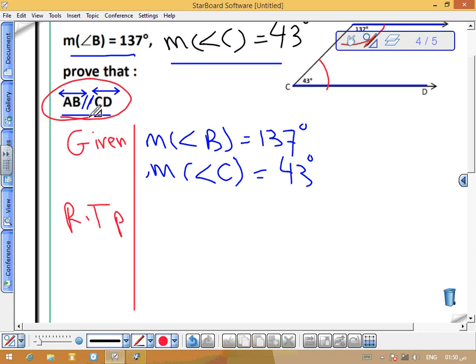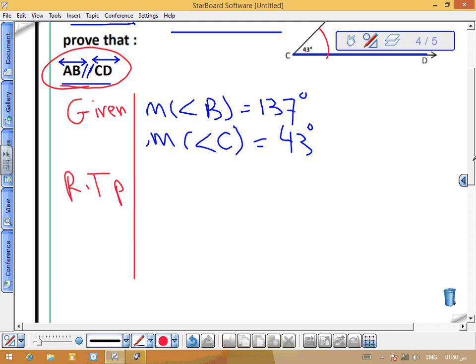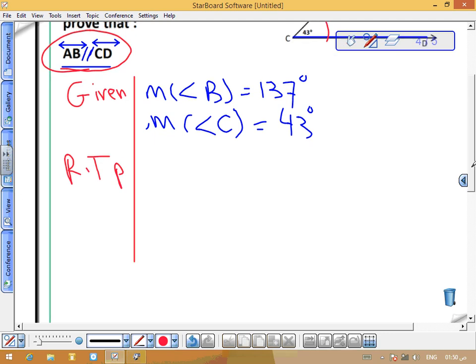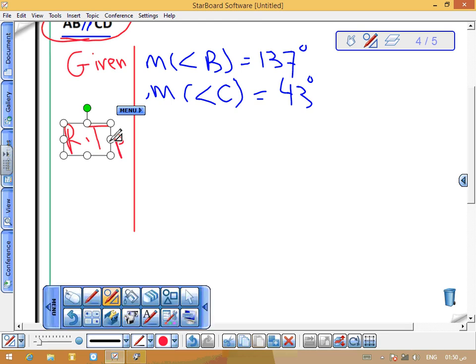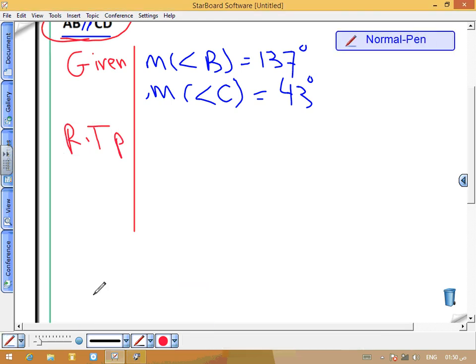The question is prove, not find, so we write RTP, not RTF. RTP is straight line AB is parallel to straight line CD.